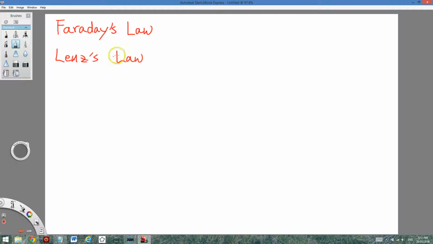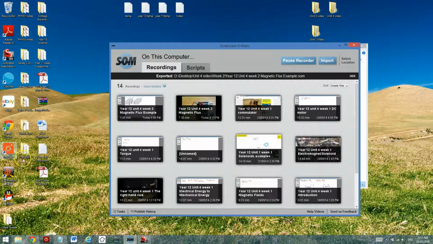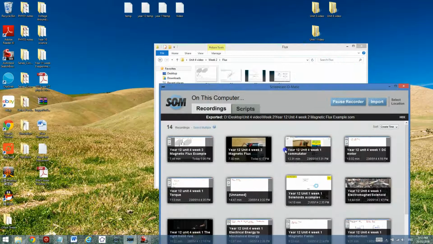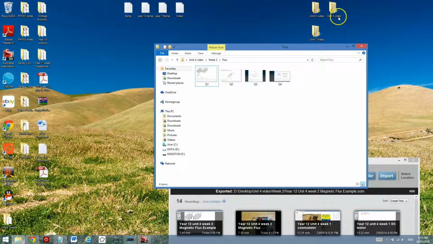Okay, now let me explain who Faraday and Lenz are. They were both scientists, and they named the laws using their names. Let me show you what I have on my Year 12 cheat sheet.